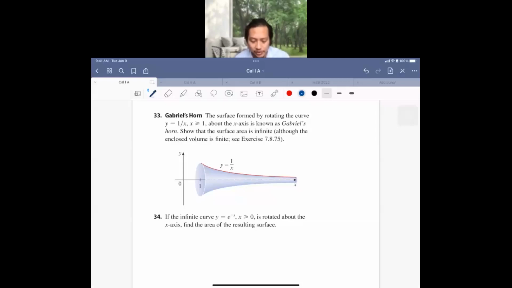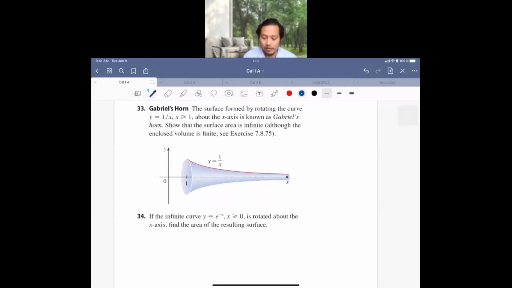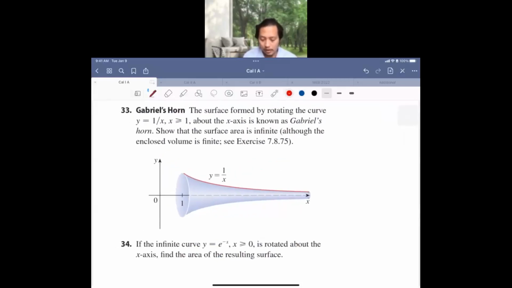The first one is just to show that the surface area is infinite, but the volume is finite. Okay? So it's one phenomenon in mathematics. If you calculate the volume, you will find that there is a value here.